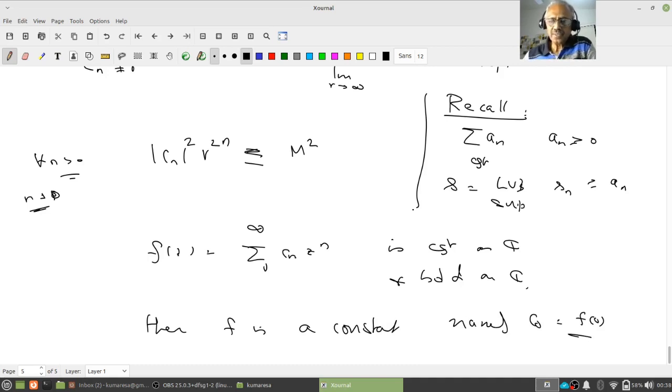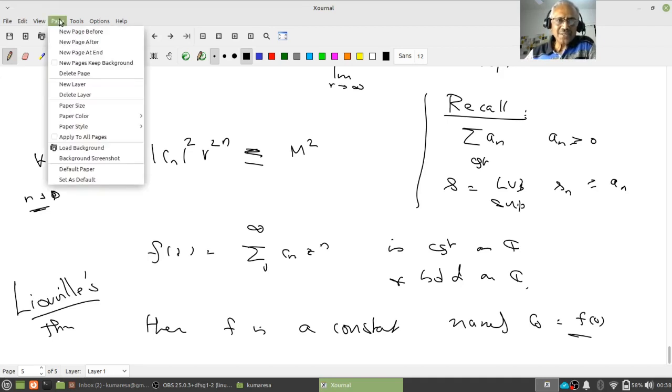This is your Liouville's theorem, as you learn after doing a lot of Cauchy's theory, but you got it.